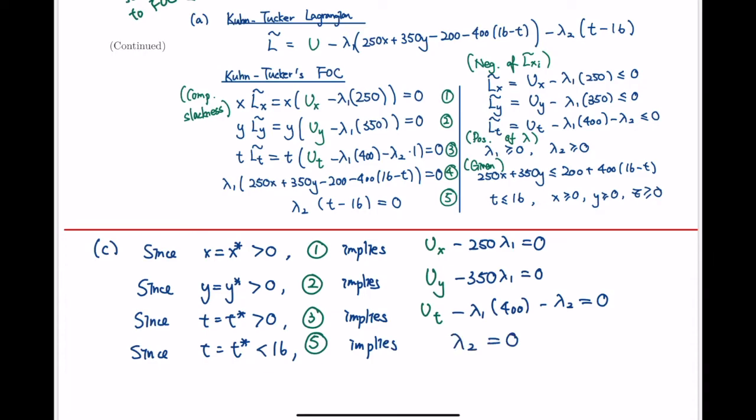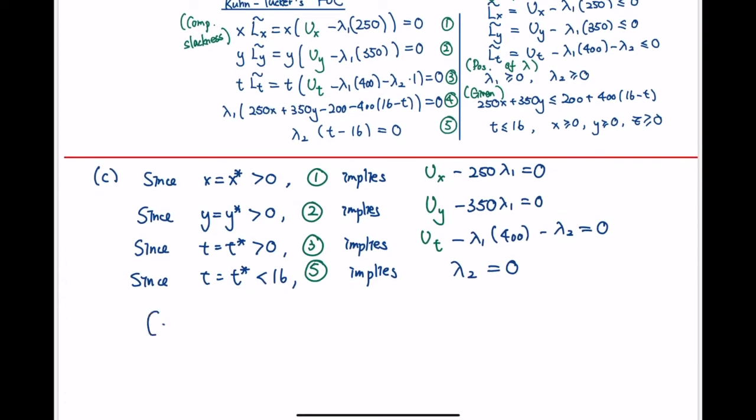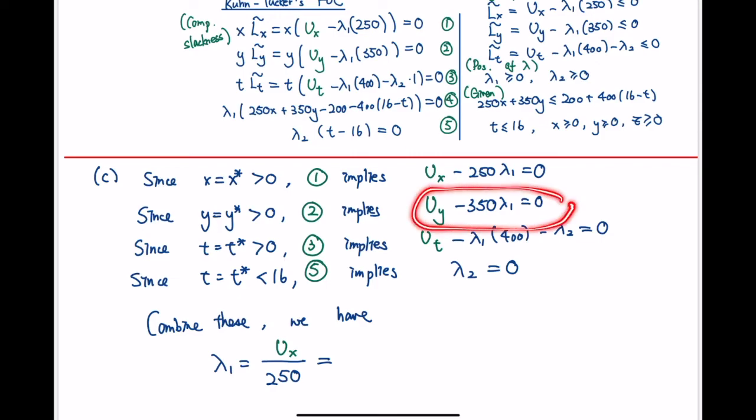Well, if you combine all this together, then we have lambda 1 equals to what? On one hand, by the first equality, lambda 1 equals to ux over 250. But on the other hand, lambda 1, according to the second equation, also equals to uy over 350.